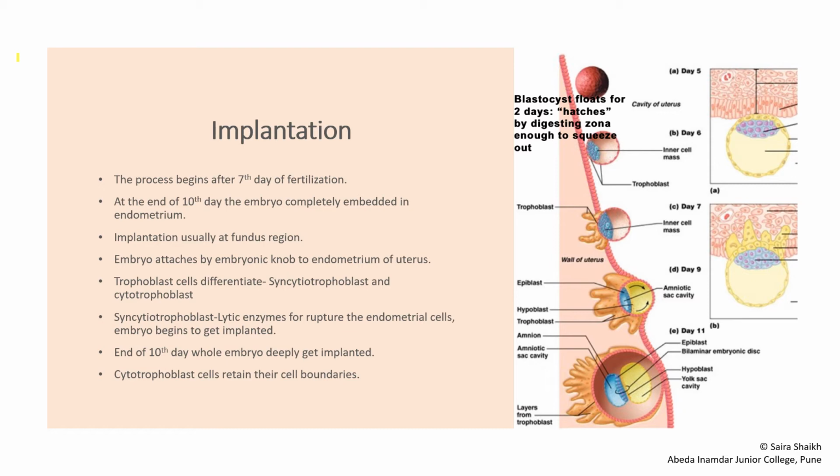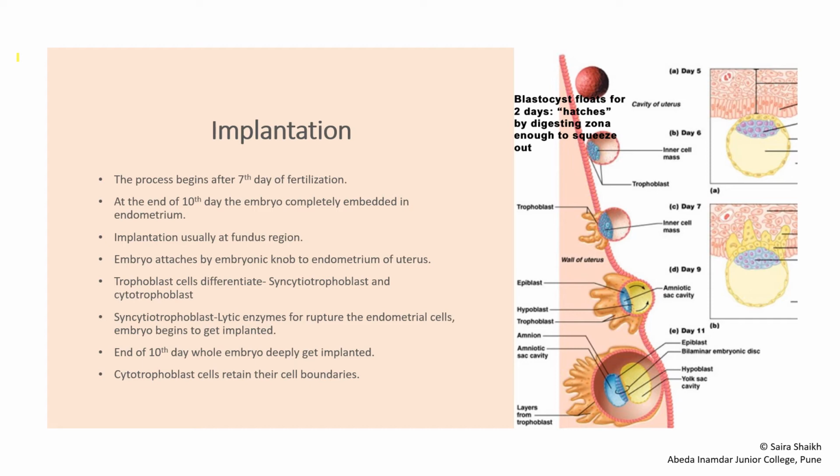See the figure. The blue structure is the inner mass cells, and the trophoblast cells now start dividing and give two types of cells, syncytiotrophoblast and cytotrophoblast.